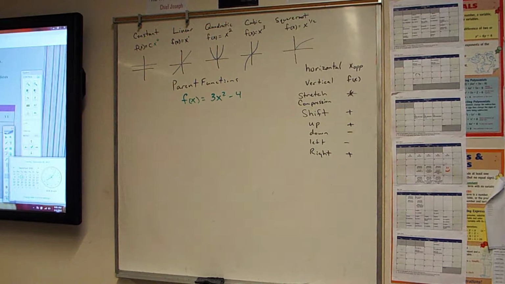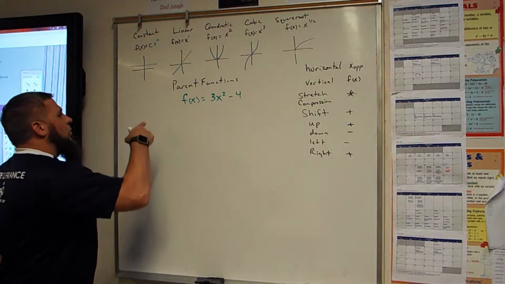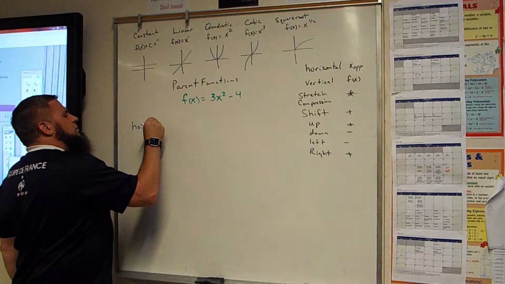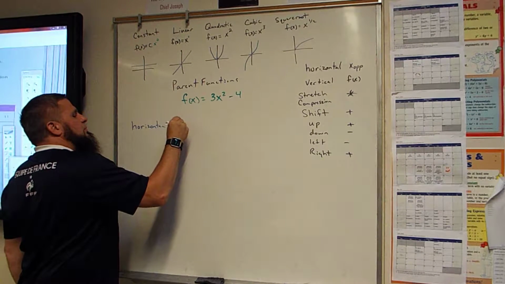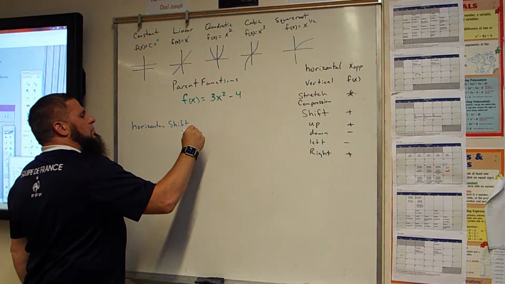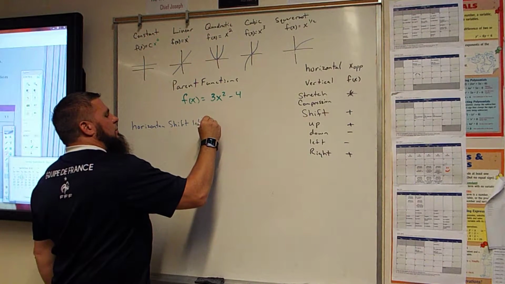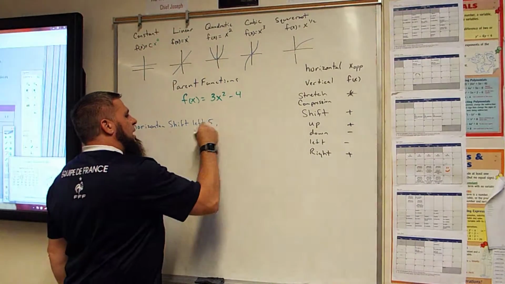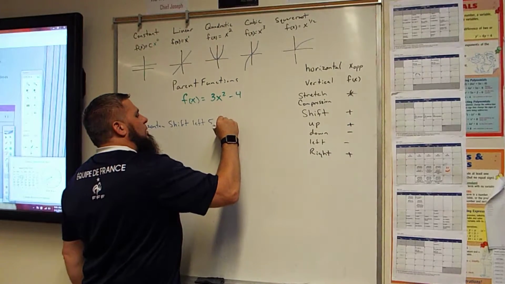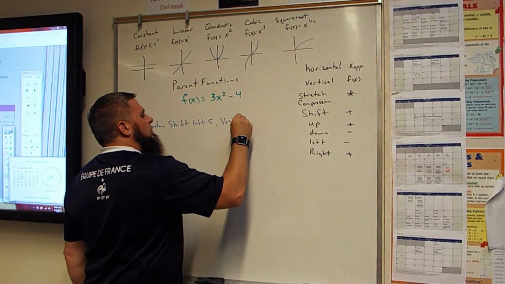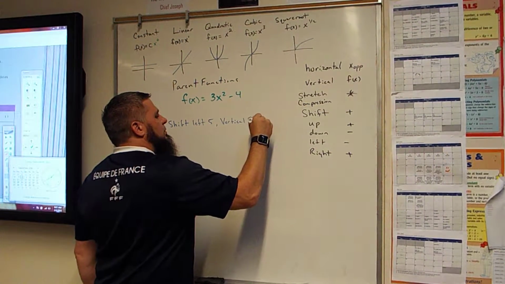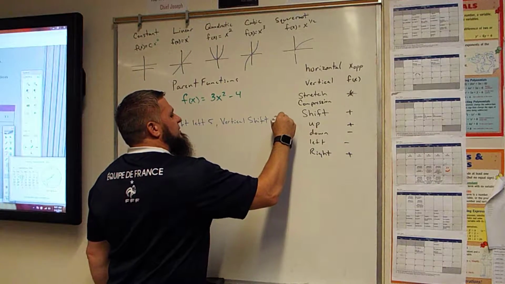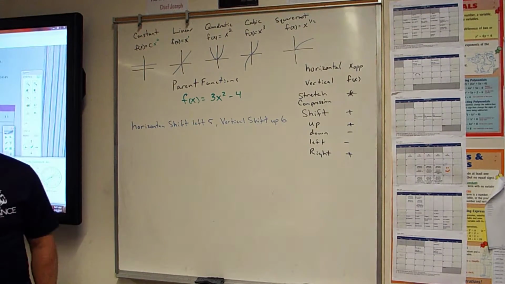And how we're going to manipulate it is we're going to do a horizontal shift left 5 and a vertical shift up 6. Okay?